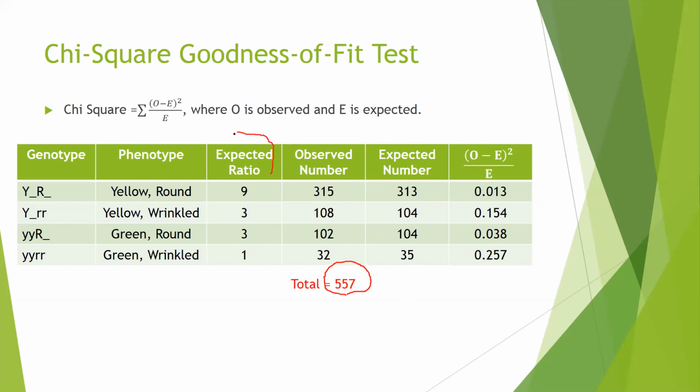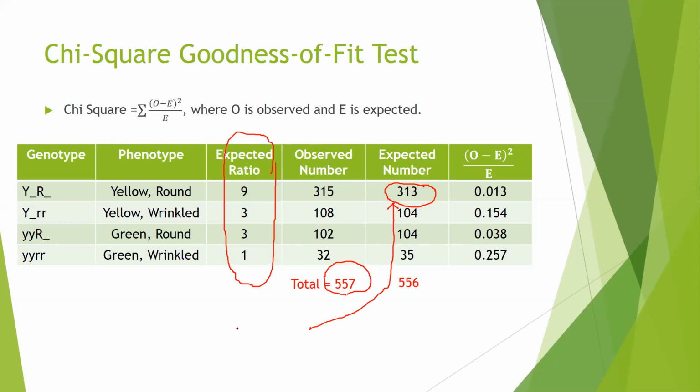All right, since this is the expected ratio for each category, we can easily calculate the expected number for each category, right? For example, how do we get the expected number for this category?